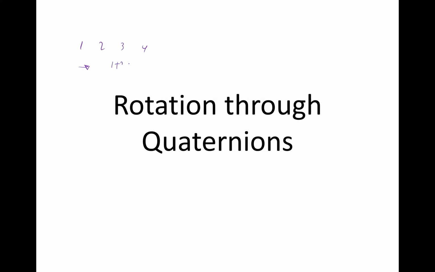Okay, 1 plus 2 equals 3, so we established a certain set of rules. So similar to that, I introduced something called quaternion, some strange mathematical object which has a scalar part and a vector part, right? So this is a vector part.